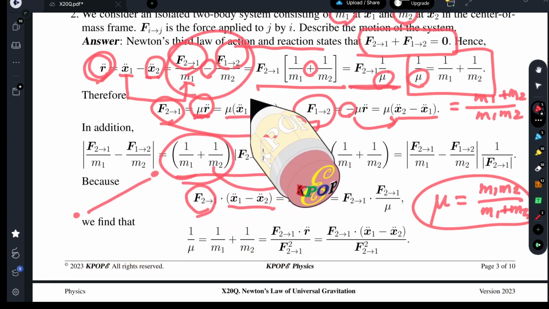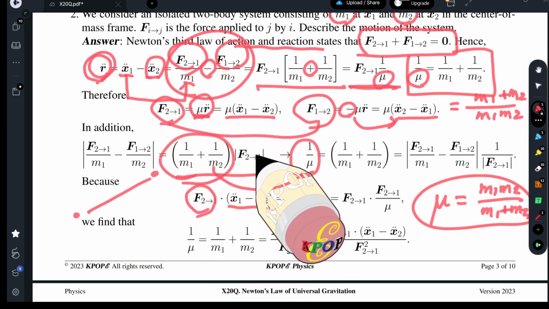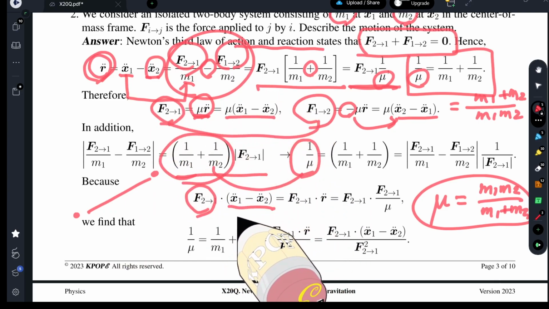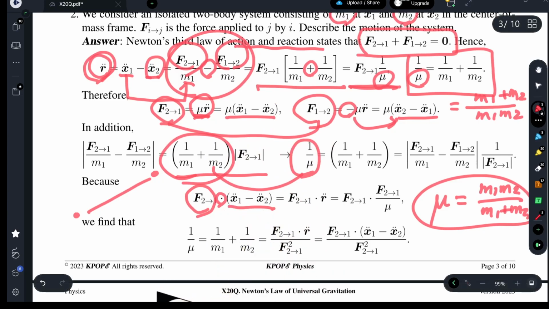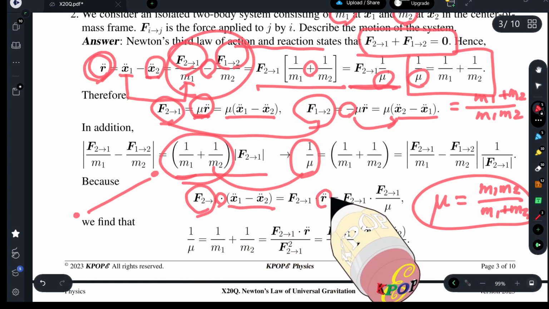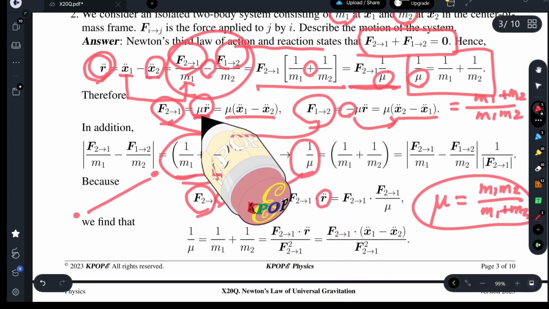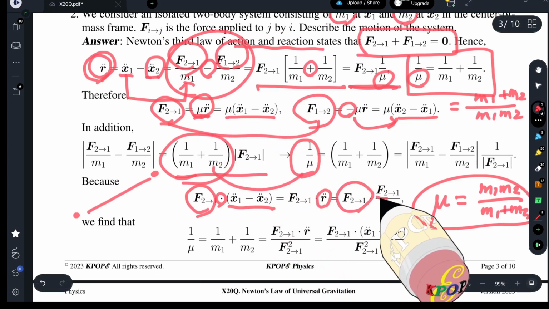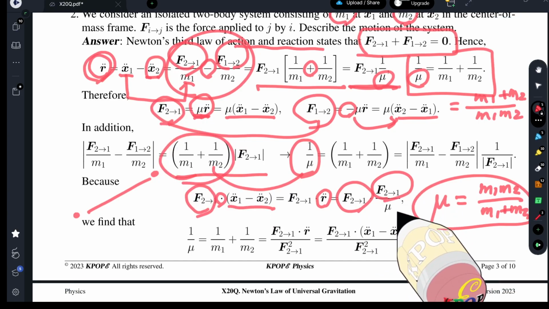We make use of the acceleration because they are parallel. So the relative acceleration is multiplied by the scalar product. And let's see, this is by definition the relative coordinate vector's acceleration. And then we make use of this to find the square of this force divided by the reduced mass.